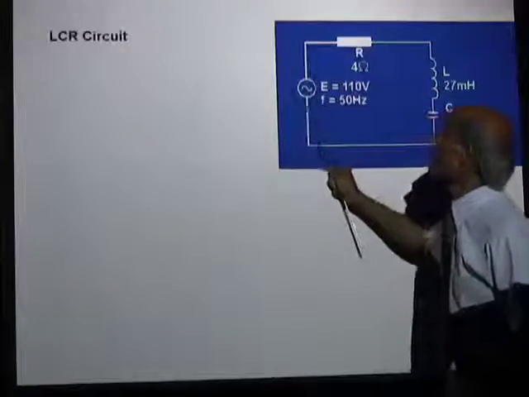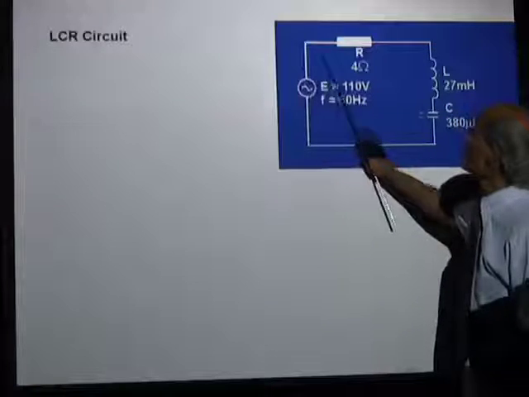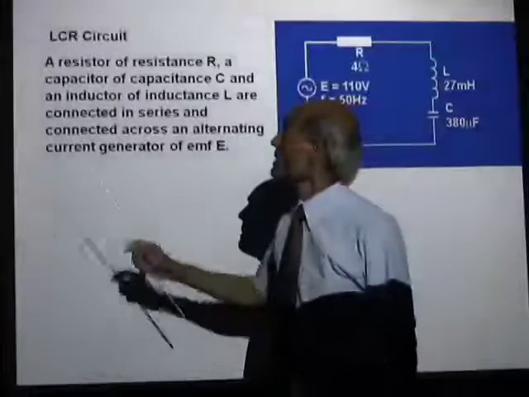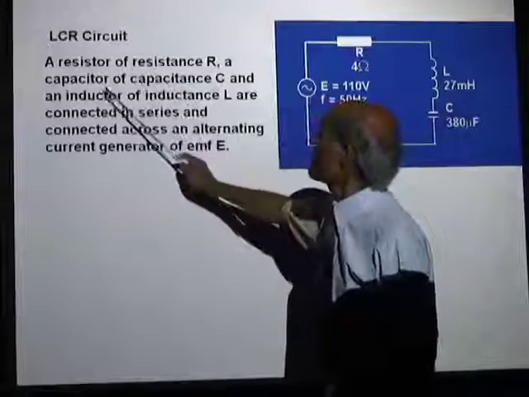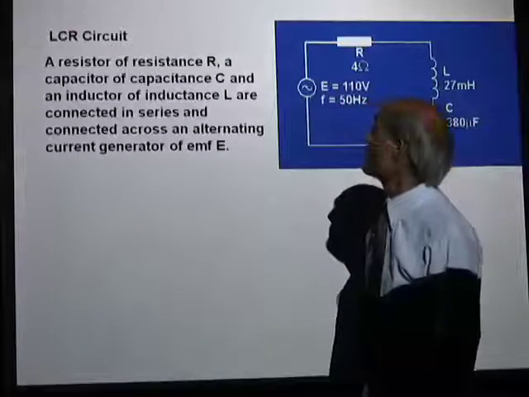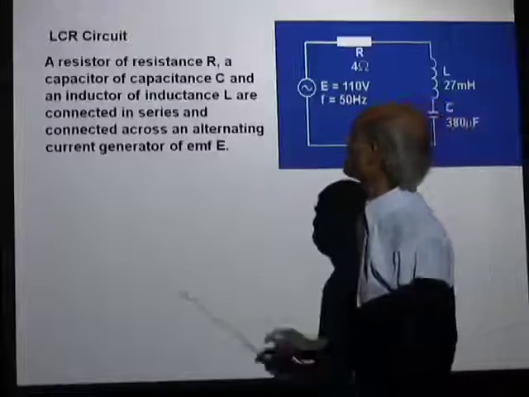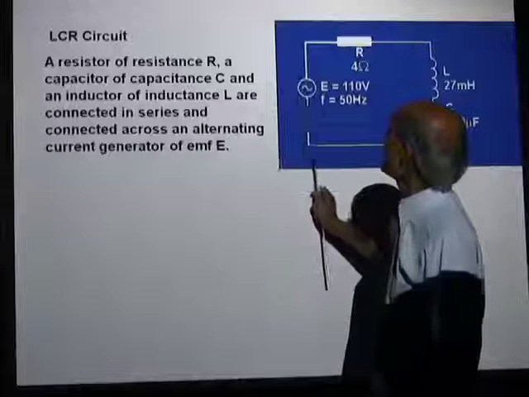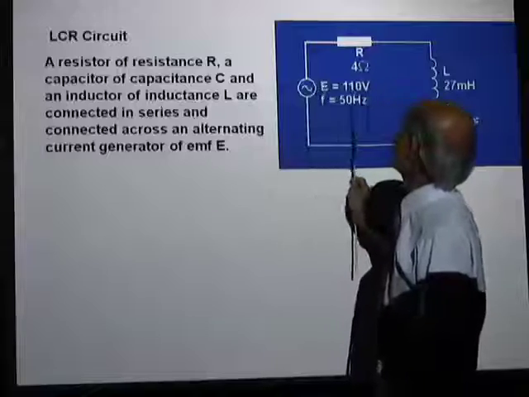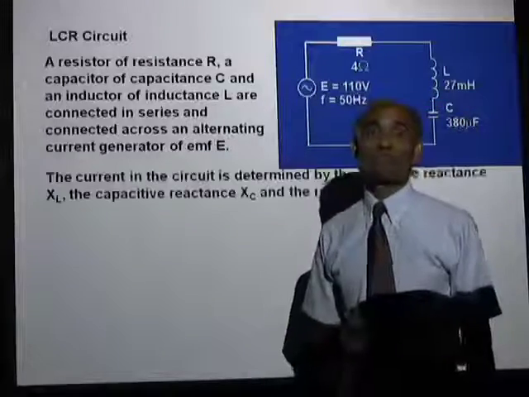Here we have an alternating current source connected to a resistor R, an inductor L and a capacitor C. I have used some values, we can ignore them at this time. So a resistor of resistance R, a capacitor of capacitance C, an inductor of inductance L are in series and connected across a generator of EMF E. Well, of course, that is the RMS value.